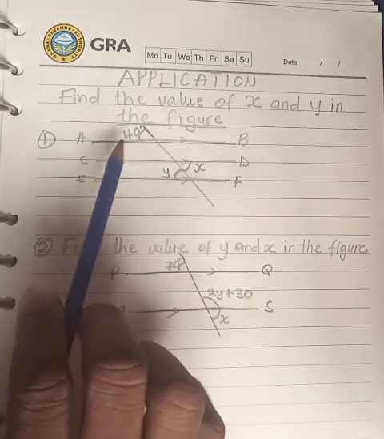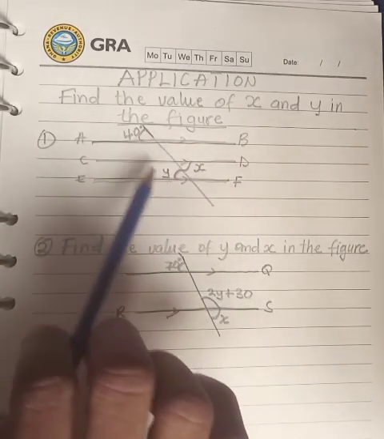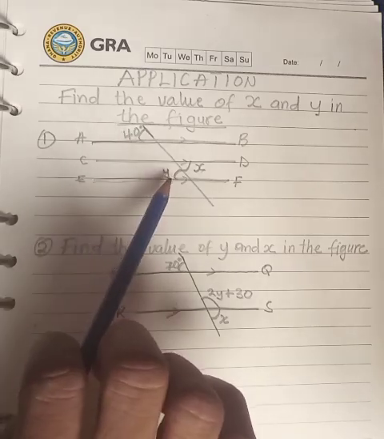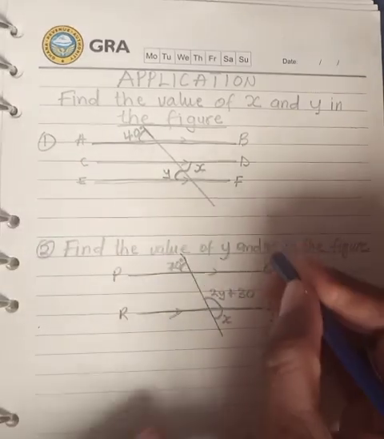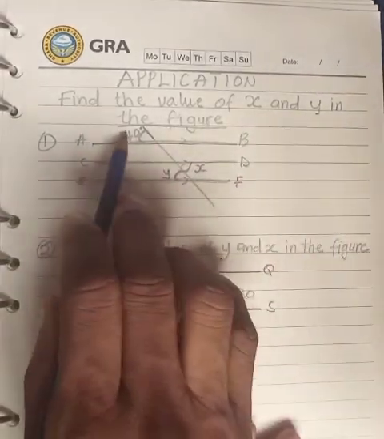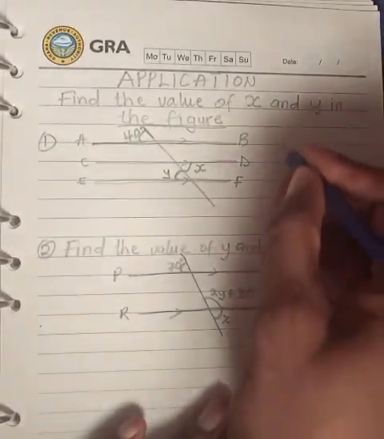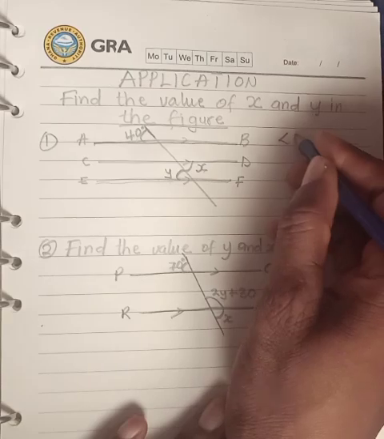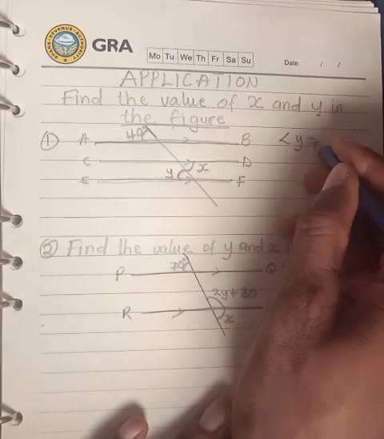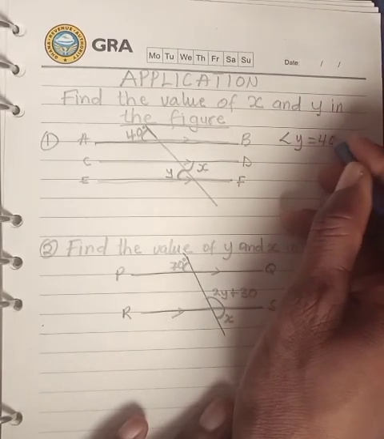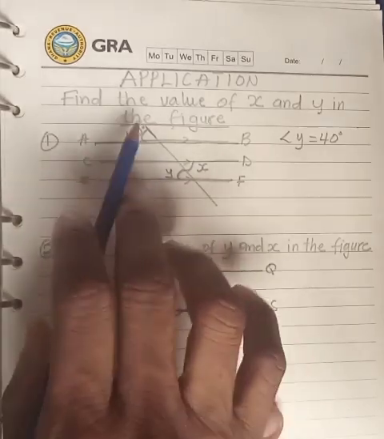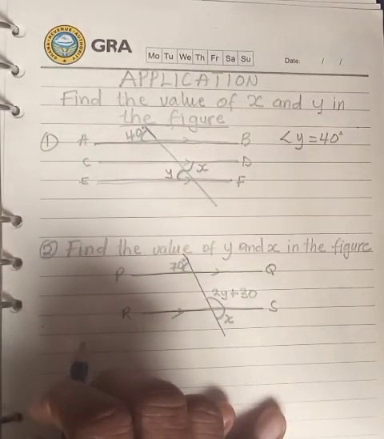Okay, so we said if a situation of this nature is displayed, then they are referred to as what? Corresponding angles, and therefore angle y is equal to 40 degrees because corresponding angles are equal.